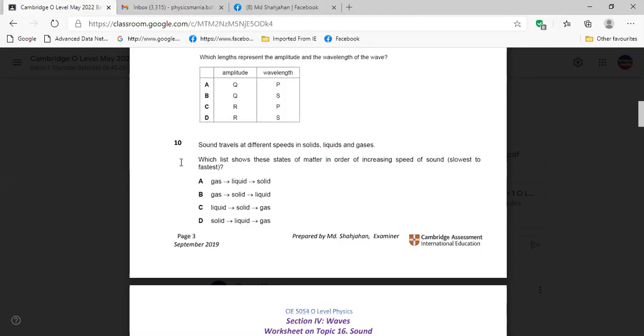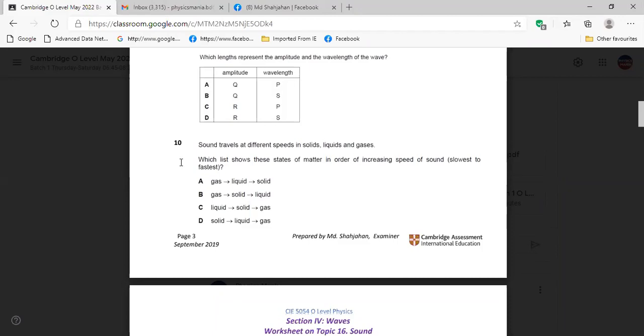So when the vibration is more, then transfer of energy will be easier to the next molecules, right? Transfer will be easier if they are closer, isn't it?